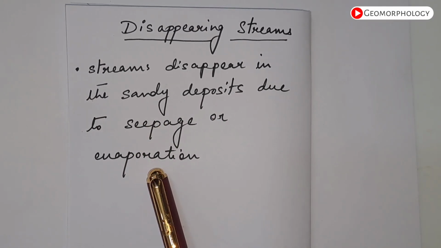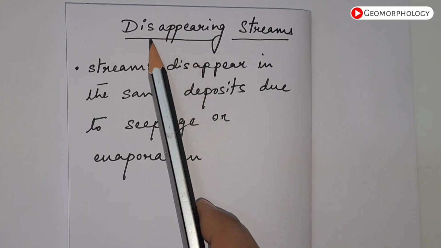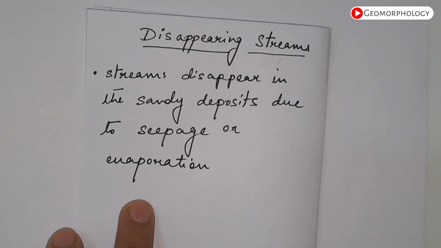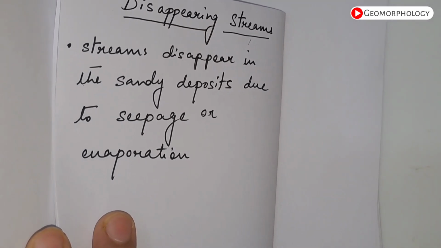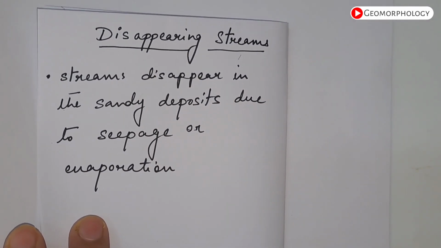Either they seep inside, or sometimes because of excessive heating, because it's a desert region, they might even evaporate. So that type of stream is called the disappearing stream. When they are flowing, you will not find where they are ending. The ending point cannot be demarcated because they disappear suddenly somewhere at the center.